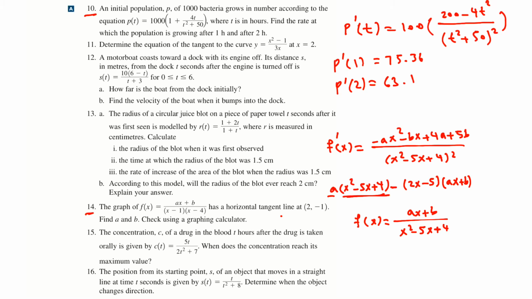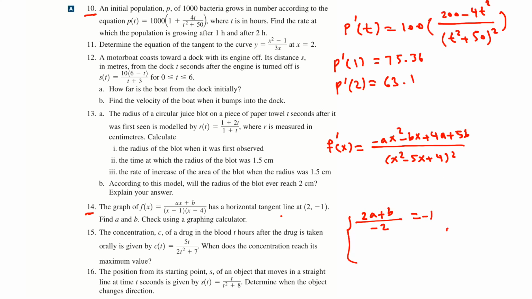Since f of 2 is negative 1, 2a plus b divided by negative 2 is negative 1, and f prime of 2 is 0, that means minus 4a minus 2b plus 4a plus 5b equals 0.